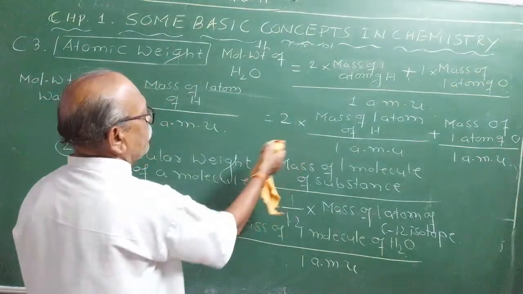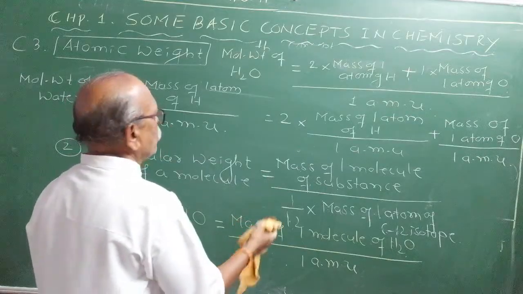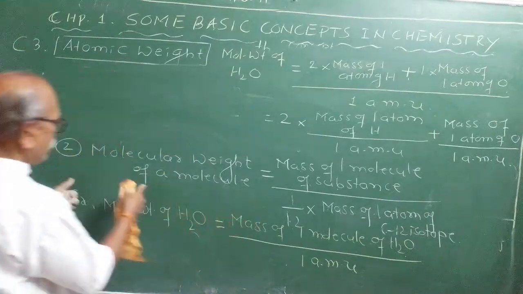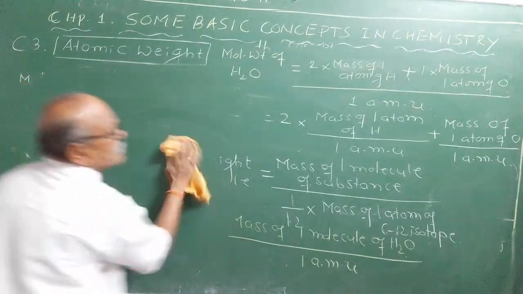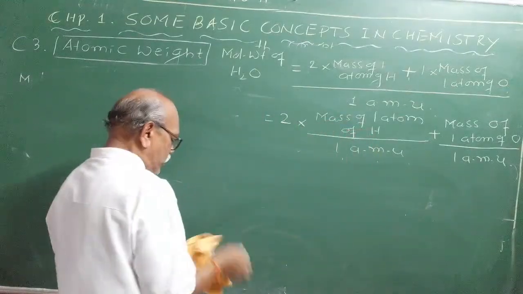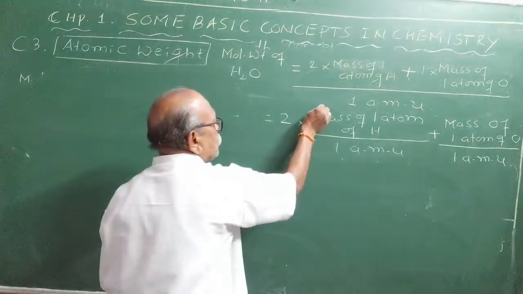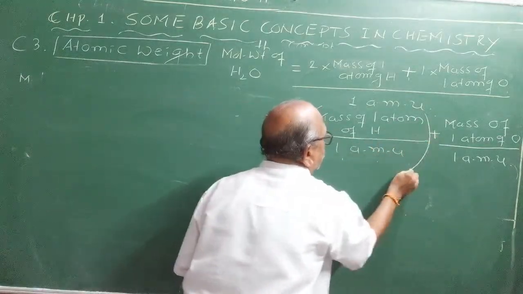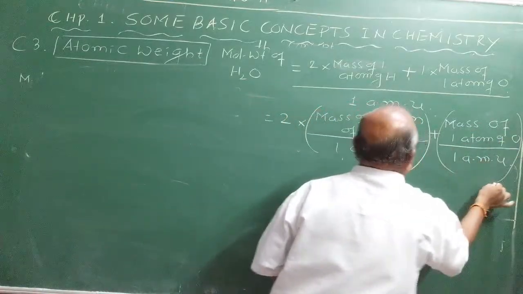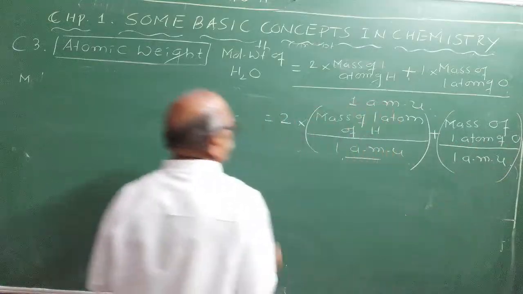Plus the mass of 1 atom of oxygen divided by 1 AMU, already I have written here. Now, you understood this. We stopped at this stage. Just now you studied what this ratio gives you: the mass of 1 atom of an element divided by 1 AMU gives you what?